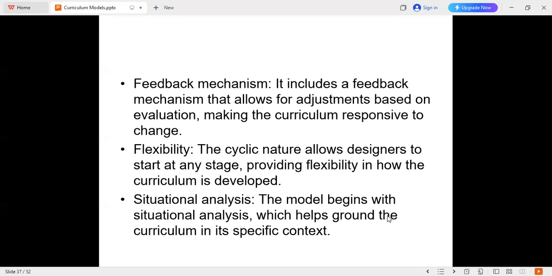Situation analysis: the model begins with situation analysis, which helps ground the curriculum in its specific context. First situation analysis is done in the first curriculum development process, but later we can use the evaluation report as a situational analysis.